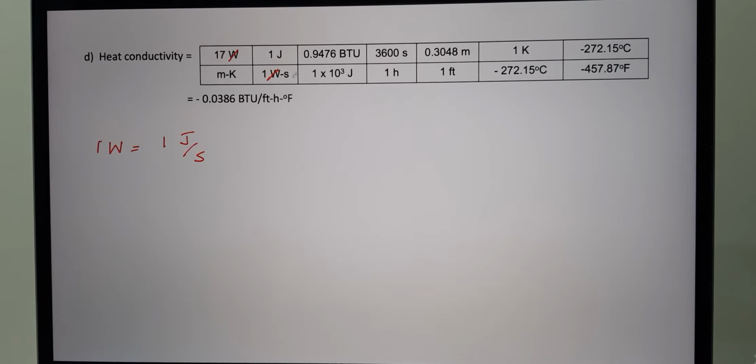And 1 joule per second should be at the top. Then we want to convert from joule to BTU.